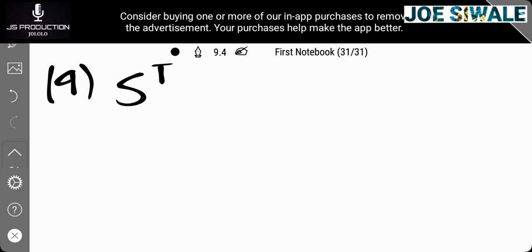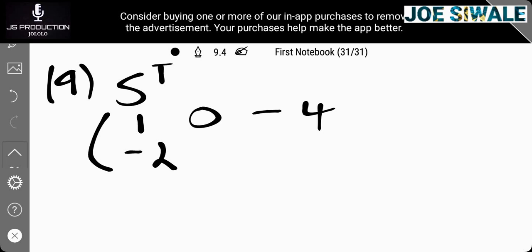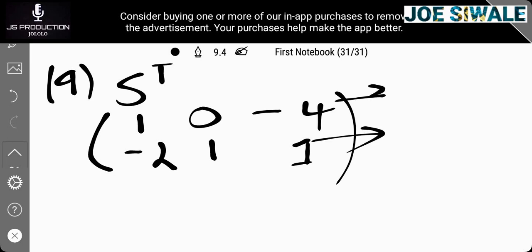So I'm going to write down the matrix S. So it is (1, 0, -4; -2, 1, 1). So to find the transpose of this matrix, I need to interchange the columns into the rows and the rows into columns. So these columns need to become the rows, and these rows need to become the columns.